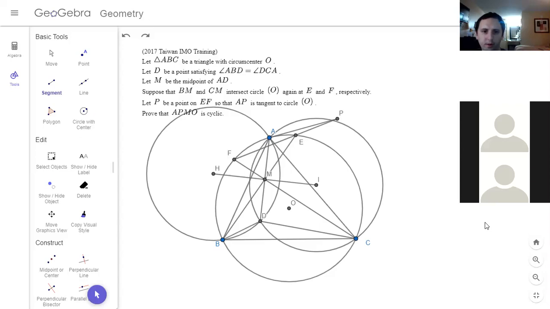We find its center somehow. Yeah, how do we find angle PMO?